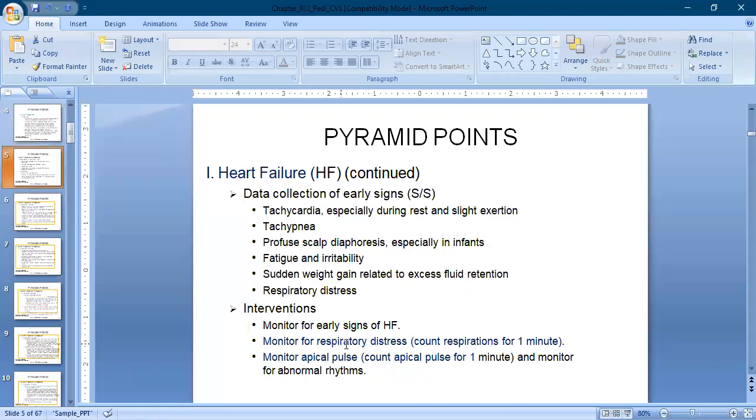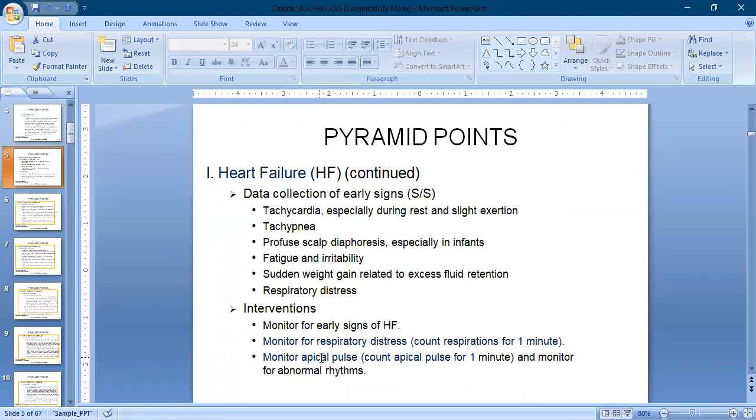Also monitor respiratory distress or monitor the apical pulse. Apical pulse means measuring the pulse rate over the heart, right? For the apical pulse, we have to count 1 full minute, or 60 seconds.